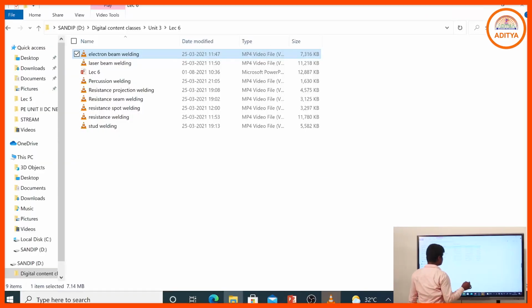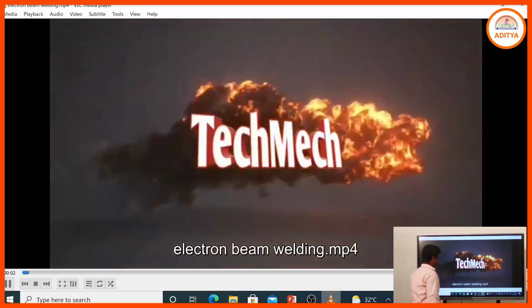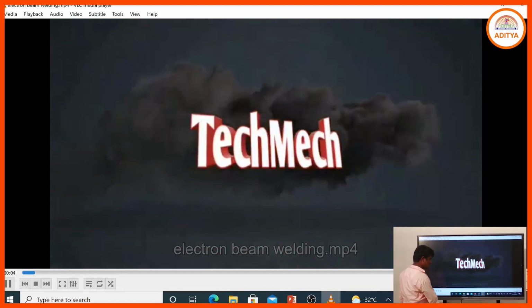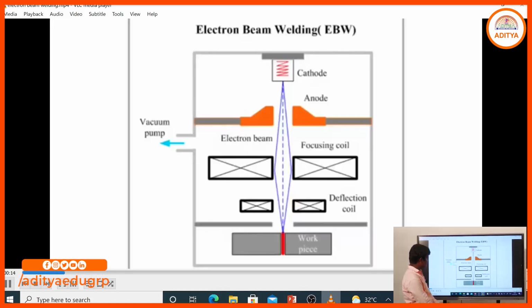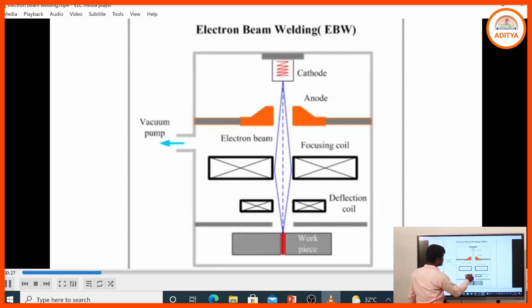Now I am showing one video about electron beam welding. That is the electron beam welding setup. Here we see the cathode and anode, the electron beam, the focusing coil and the deflection coil.